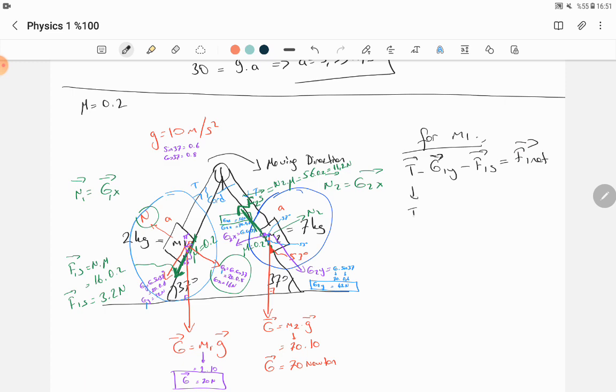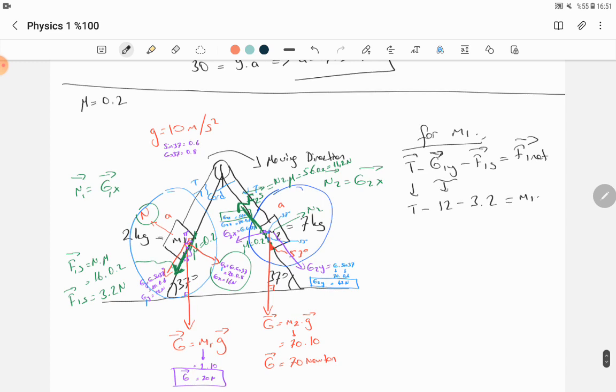And if we write the value of this term, 3.2 equal to m1 dot a. A is our system's acceleration value, and T minus 3.2 equal to m1 a. M1 value is 2 kilogram, and that's our first equation.